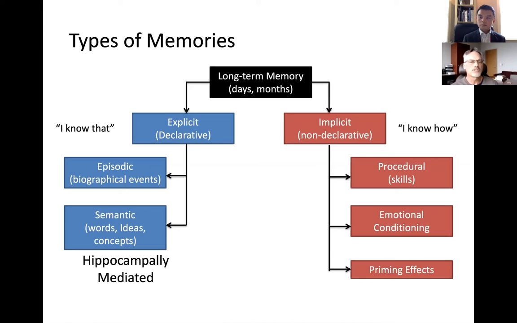Implicit memory systems seem to be more dependent on the integrity of frontal and of motor and sensory cortices than they are on medial temporal lobes. But the explicit systems seem to be very dependent on the medial temporal lobes. It turns out that patients with Alzheimer's disease have a lot of damage in the medial temporal areas, but they have relative sparing in motor and sensory areas.